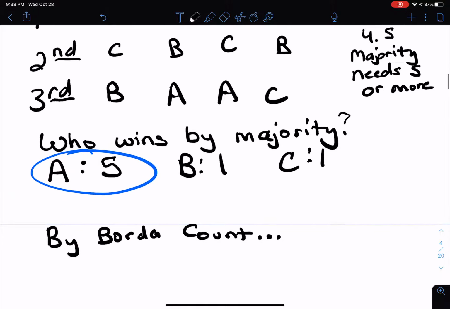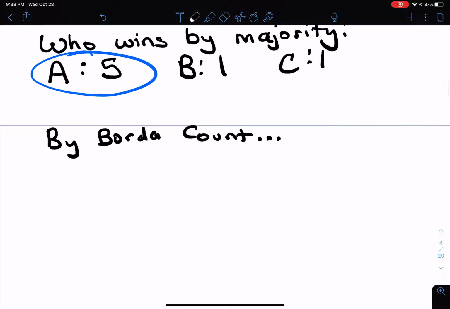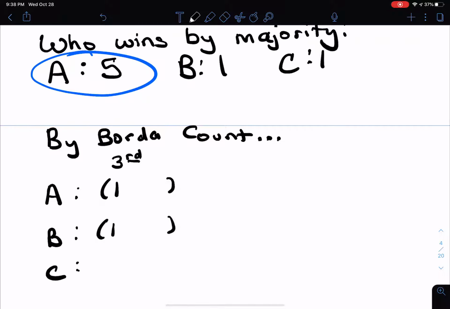All right, so we have 3 candidates, A, B, and C. For third place votes, we're going to give 1 point each. So remember, the bottom gets 1 point, and then you work your way up. For second place votes, they're going to get 2 points each.